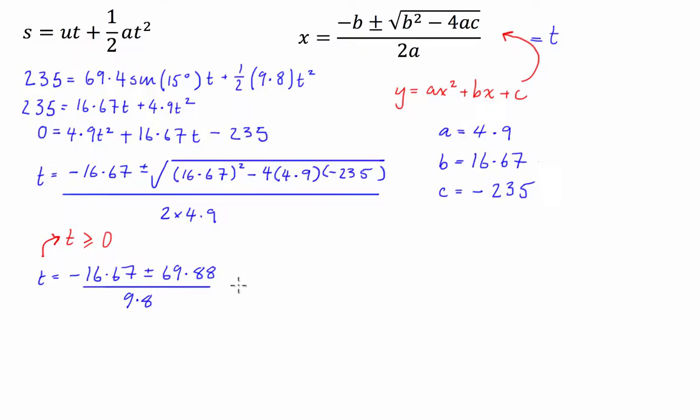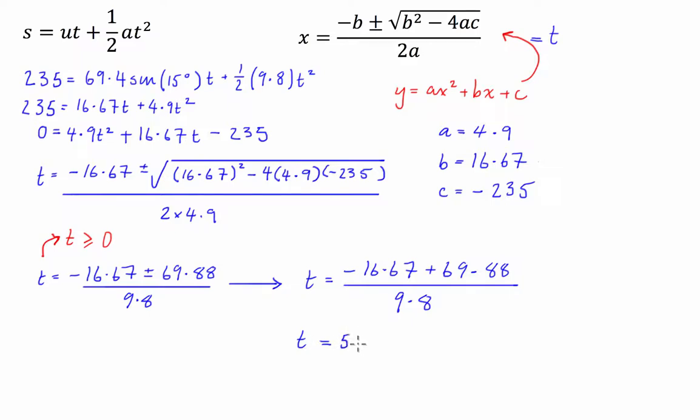So t is going to be equal to negative 16.67 add 69.88, divided by 9.8. We put that into our calculator, and we get t is equal to 5.43 seconds.